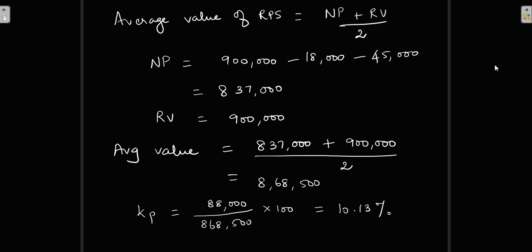Adding net proceeds plus redemption value and dividing it by 2, we get the average value of redeemable preference shares as 8,68,500. So the cost of preference share is equal to 88,000 divided by 8,68,500, which will give you 10.13%.